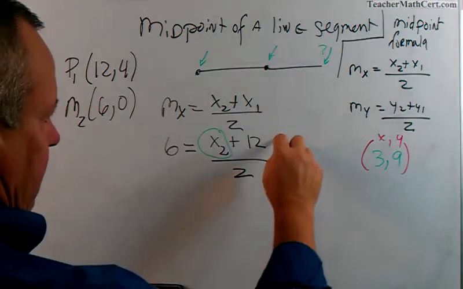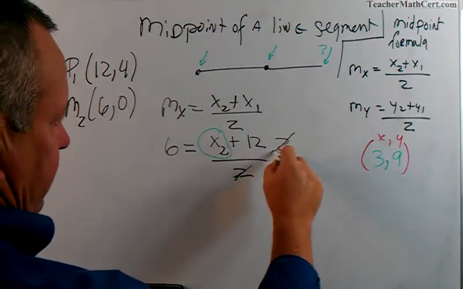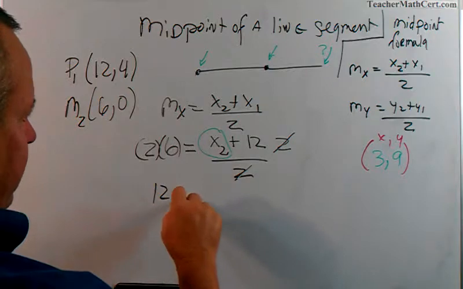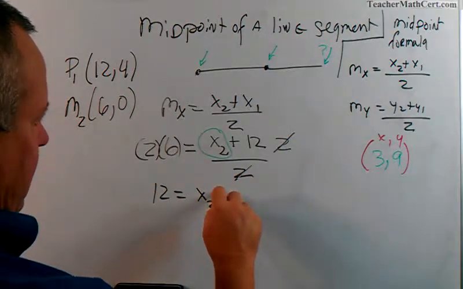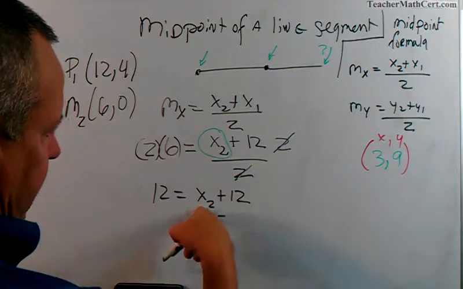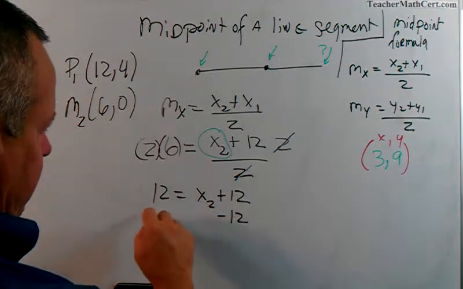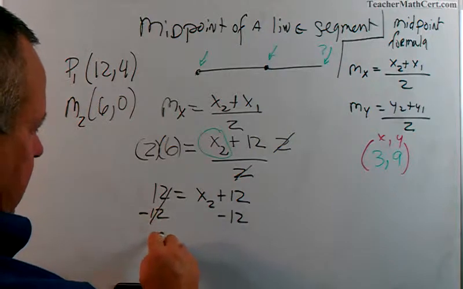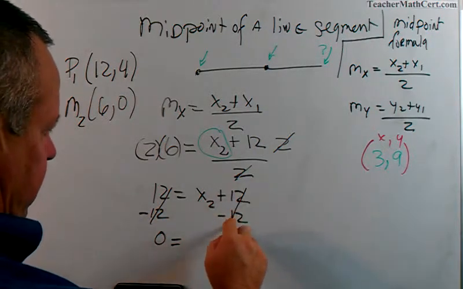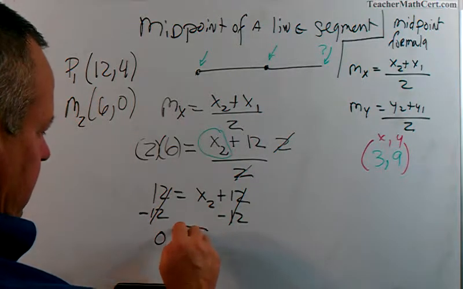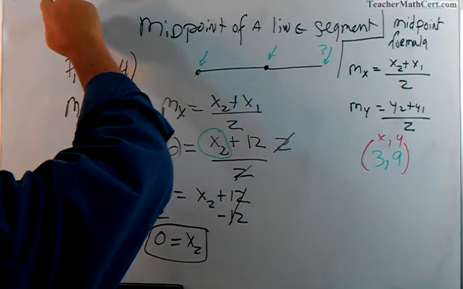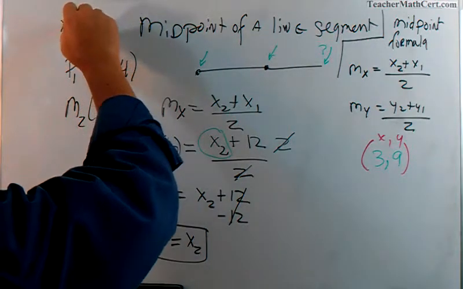So how do we do that? Well, we multiply both sides of the equation by 2. That's going to give us 12 is equal to x sub 2 plus 12. Now we want to get x2 by itself, so we subtract 12 from both sides. That goes to 0, and this goes to 0. So x sub 2 is equal to 0.